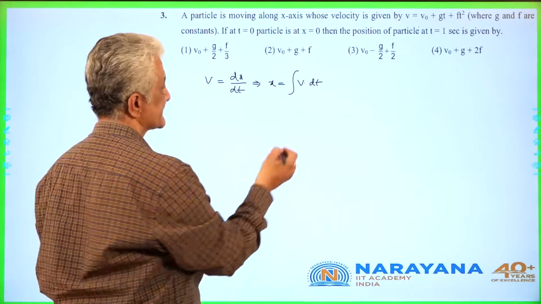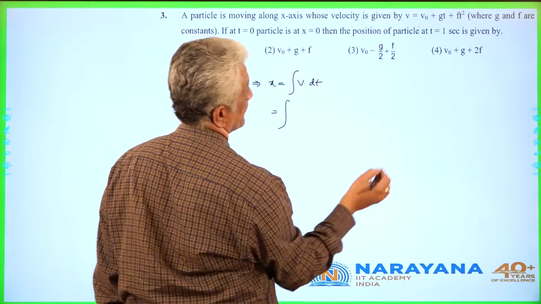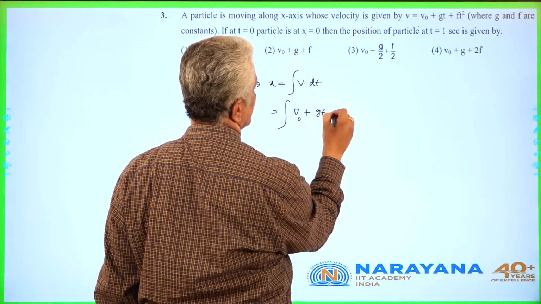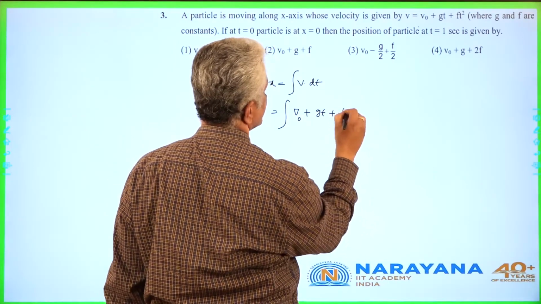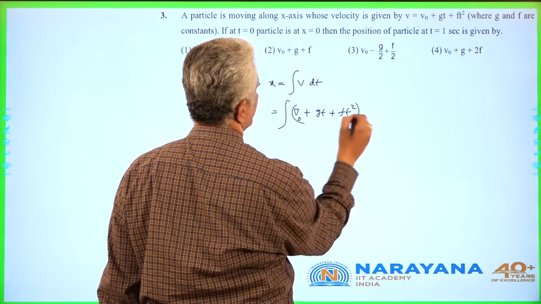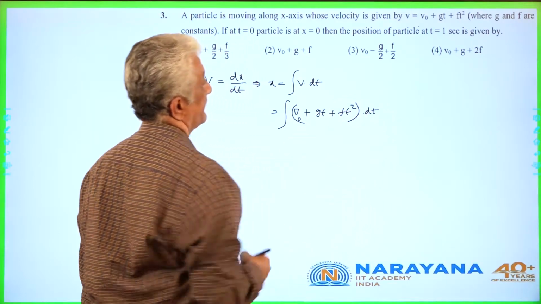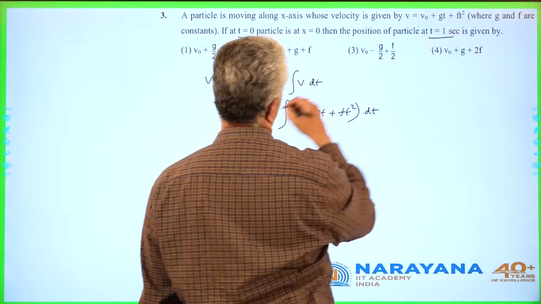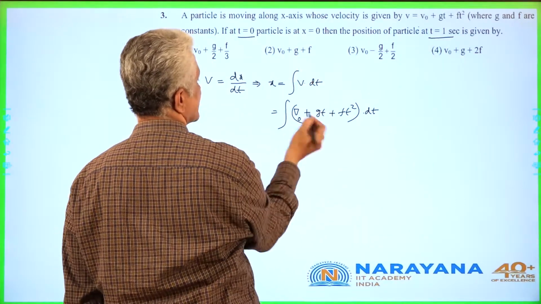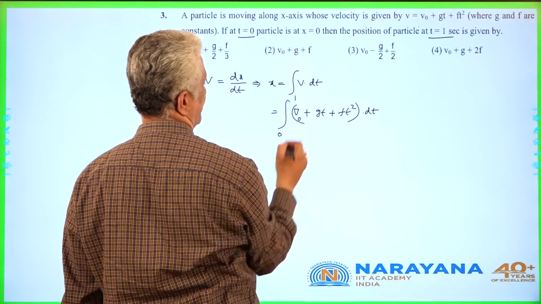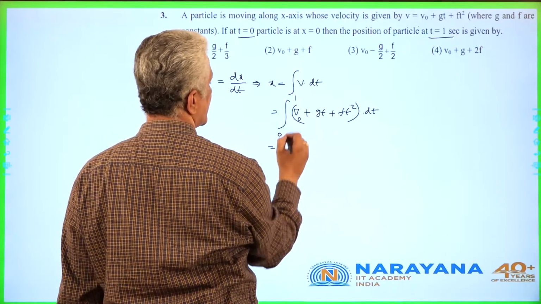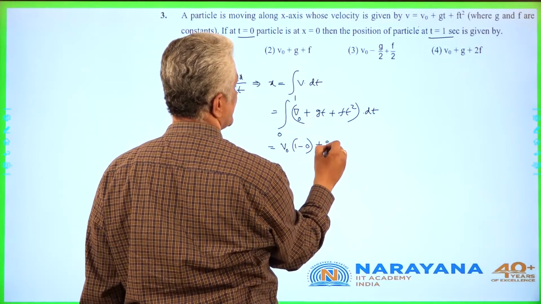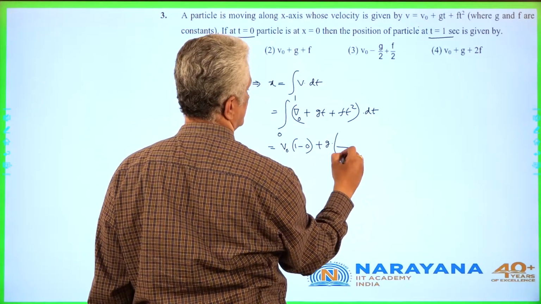And as v is given as v naught plus gt plus ft square, dt. And limits are given from 0 to 1 second, whereas the initial value is 0 here, x value we get, that is 0 to 1. Then this becomes v naught t plus g into t square by 2.